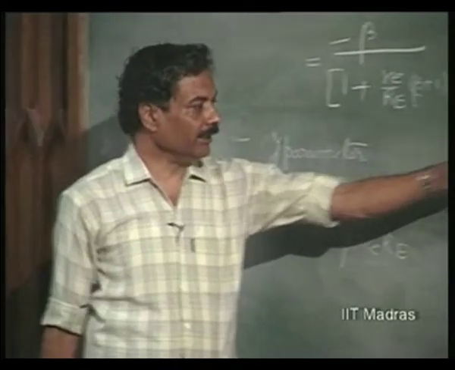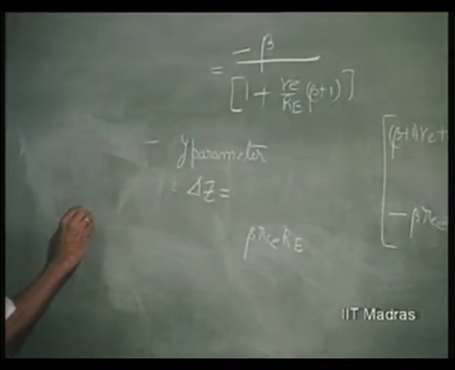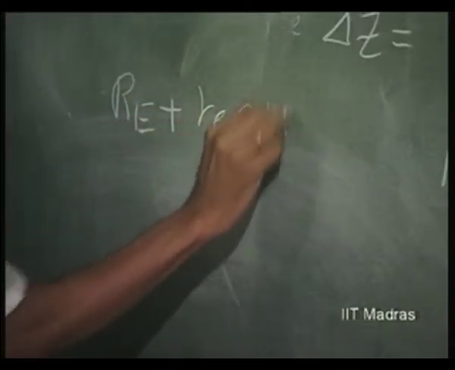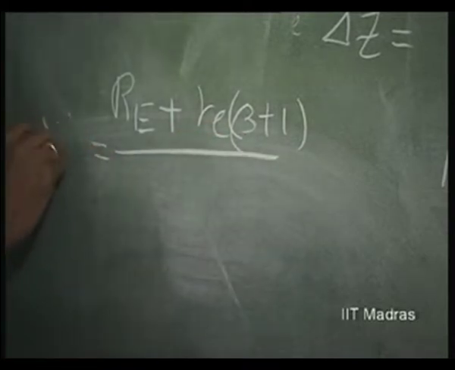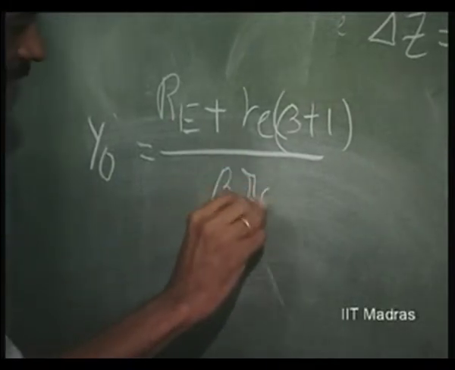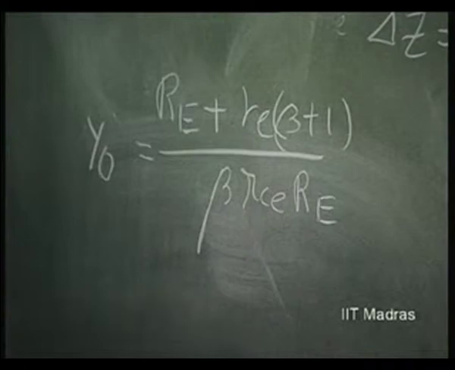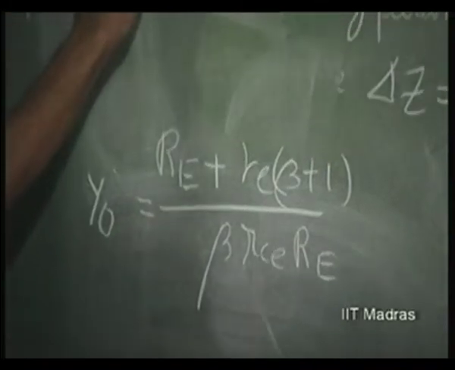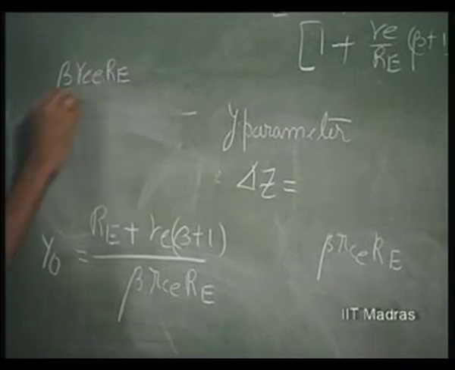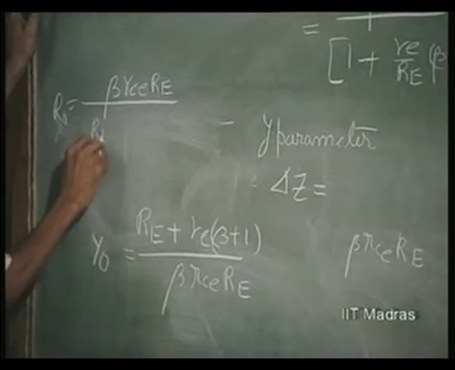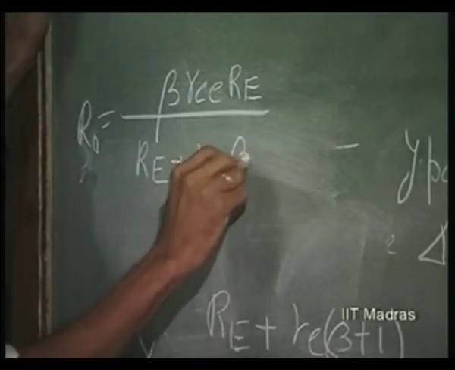So, that is this RE plus RE into beta plus 1 divided by, this is output conductance, that divided by beta RCE RE. So, actually speaking, you can say that this is beta RCE RE divided by output impedance, okay, divided by RE plus RE into beta plus 1.